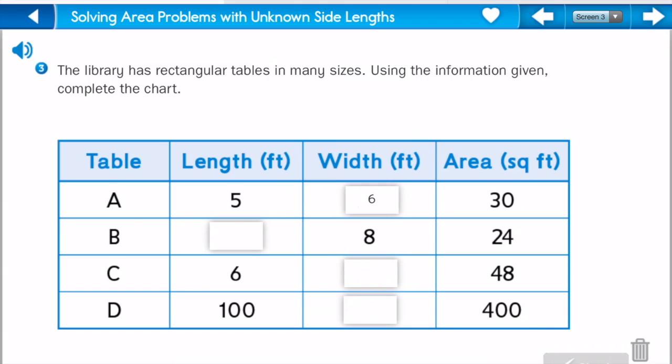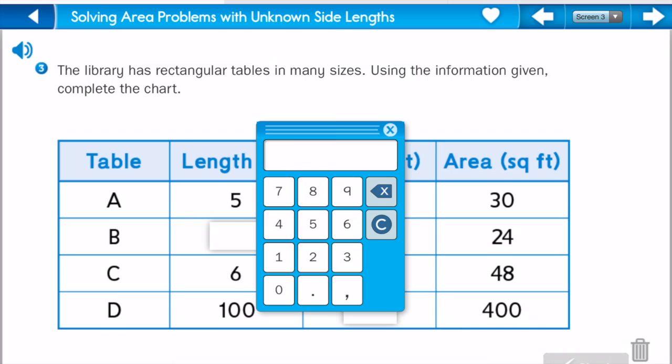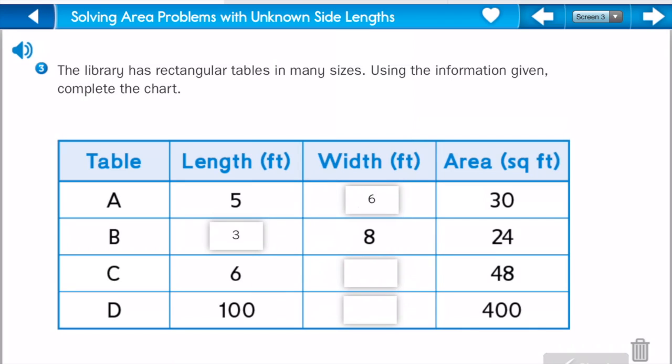Same thing for letter B. What times 8 equals 24? So I'm thinking, I know my 8's facts, and I know that 3 times 8 equals 24. Okay? Same for my next one.